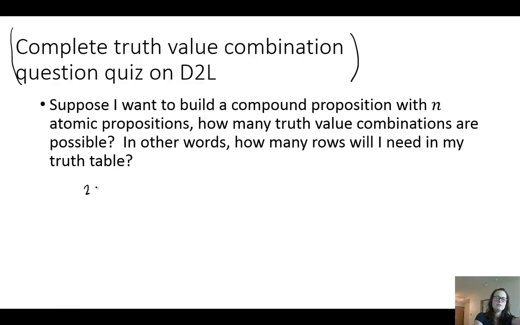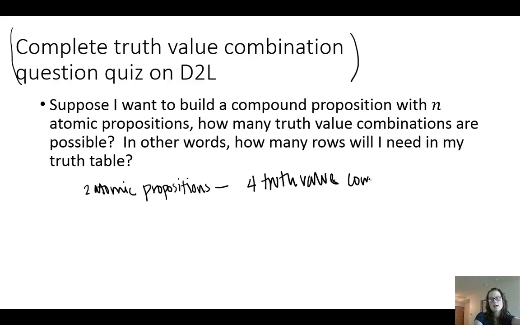When I had 2 atomic propositions, I had 4 truth value combos. When I had 3, I had 8.